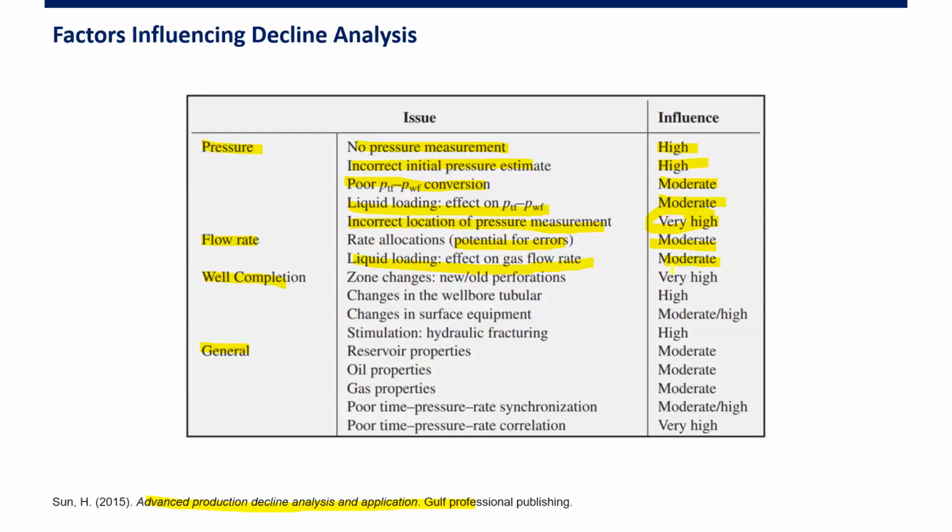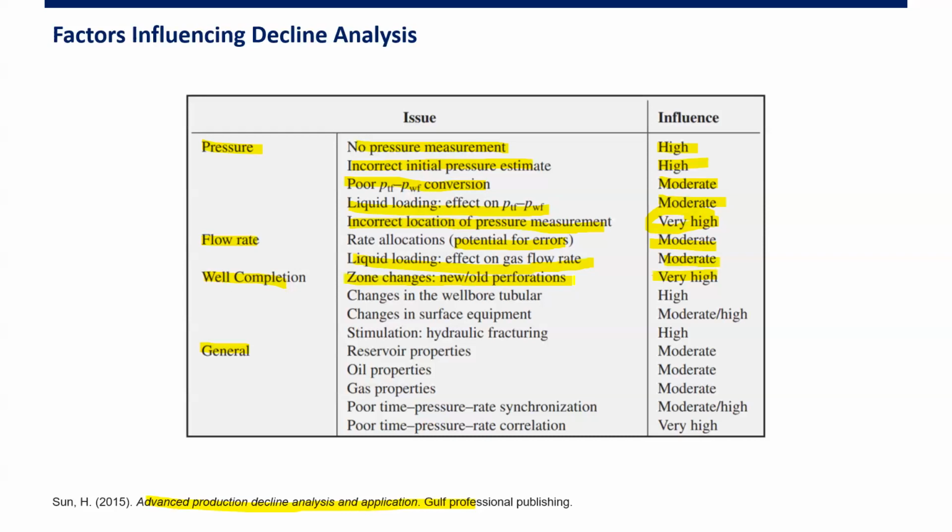Now we have also another very high influence. If you are dealing with zone changes, new and old perforations, be careful. All right, because if you change the perforation, change the zone, now you cannot consider those two different zones as from the same reservoir.